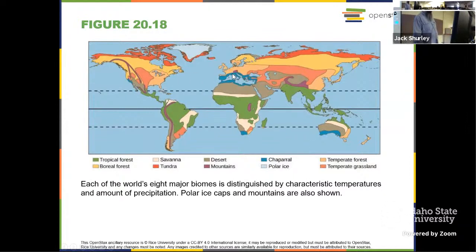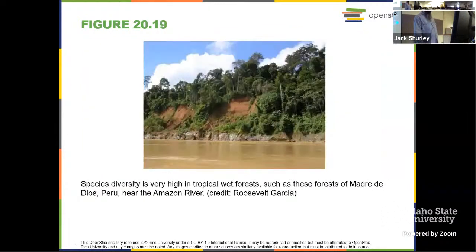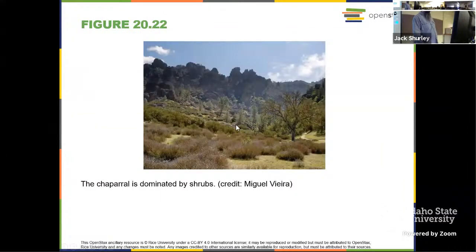But these areas are big issues because, as we see this, back to my picture, these are areas that people want to live. Southern California has a very dense population all around the Mediterranean. There are massive amounts of human encroachment into these types of habitats.